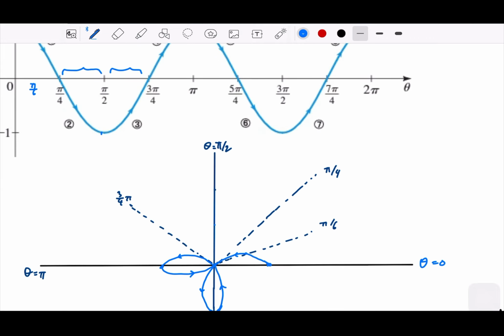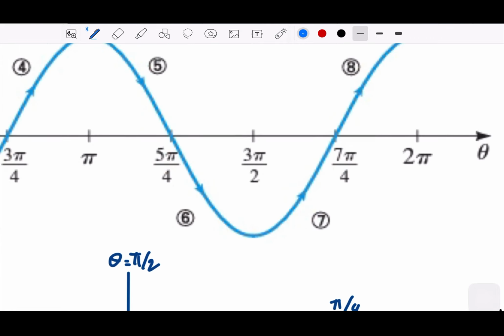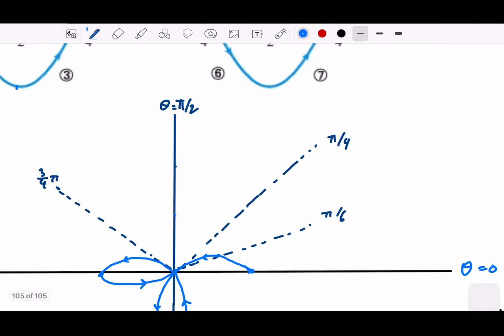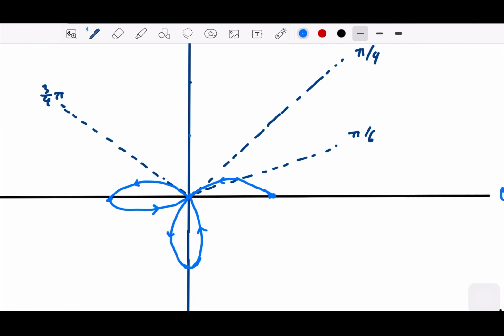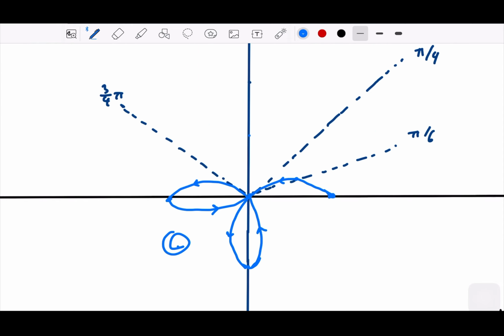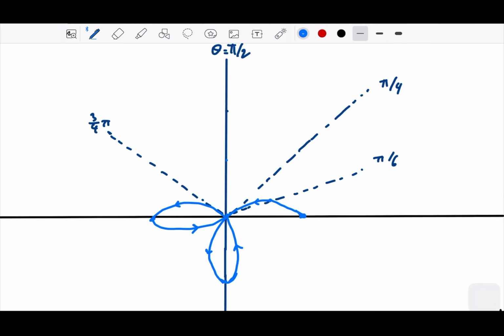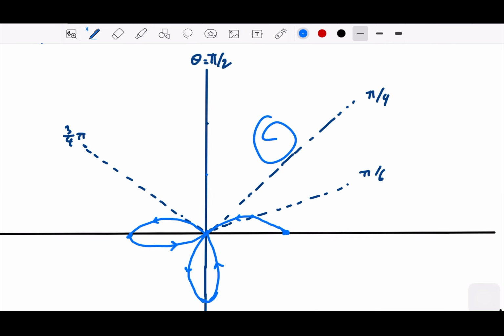And then from 5 over 4 pi until 3 over 2 pi, we see that it's negative. So it's supposed to be here, but since it's negative, we are going to mirror it through the negative side over there. So it's going to be like this. And then if you follow all the intervals, we will see that it ends up like this.